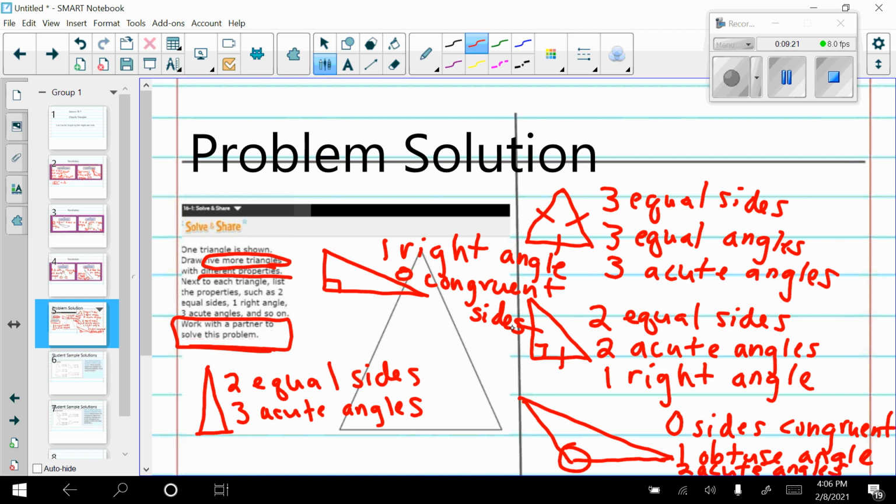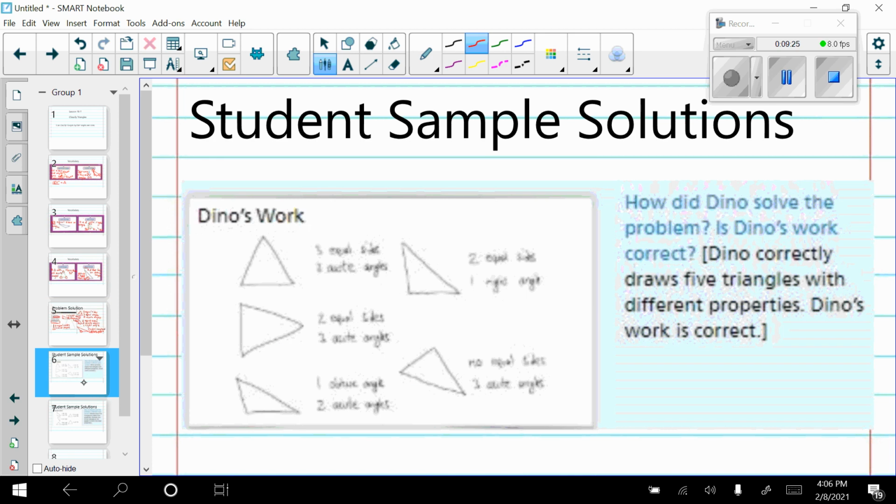Okay, so now let's look at the other students' work that did the same thing. We have Dino's work. We have an equilateral triangle here, so he has 3 equal sides and 3 acute angles. Here is an isosceles triangle where we have 2 equal sides and 2 equal angles, but these are all 3 acute angles.